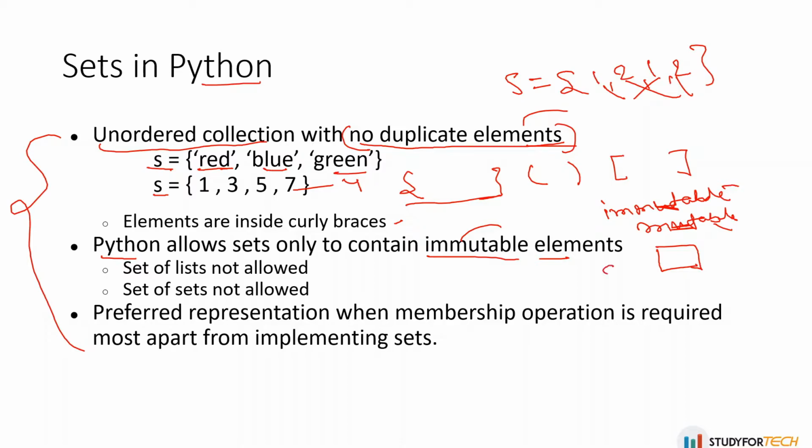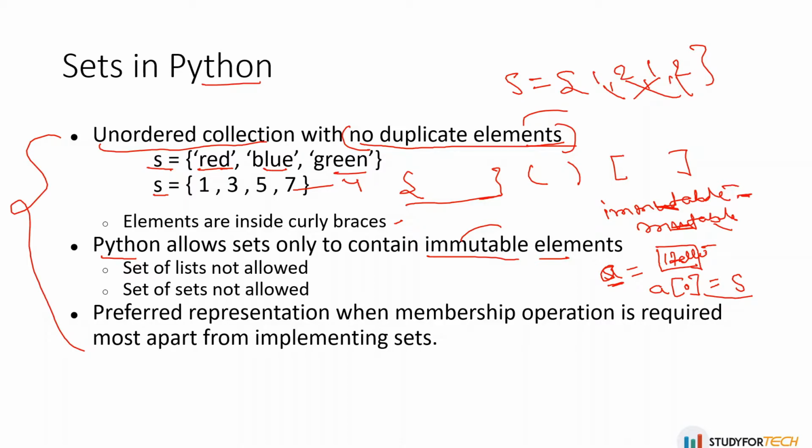Let's suppose I have one variable, a equal to hello, and I try to change the 0th index of this variable. This will give an error because a string is immutable by nature. You cannot change it once you define it.